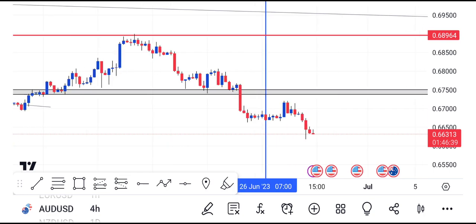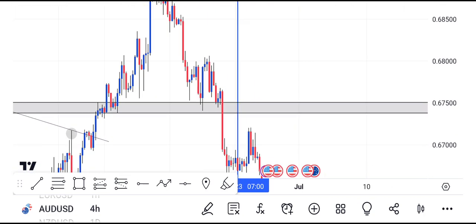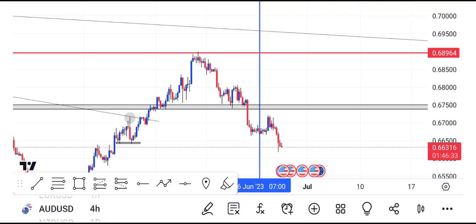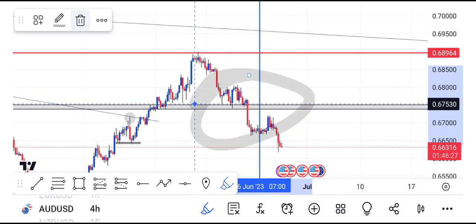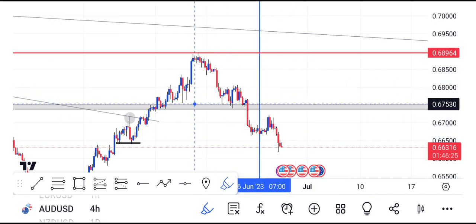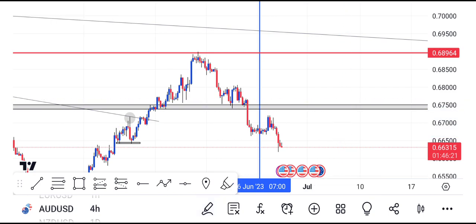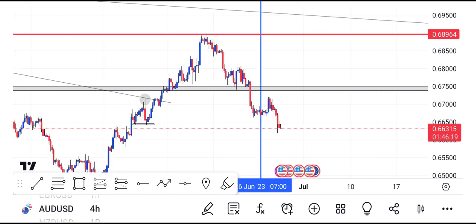Now what do we have here? Now we're seeing reversals, because price broke the level which was supposed to be a support, this level over here. It broke that level again, meaning price doesn't really respect that level.